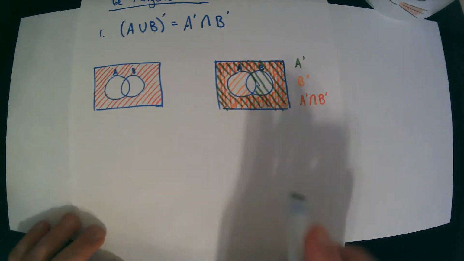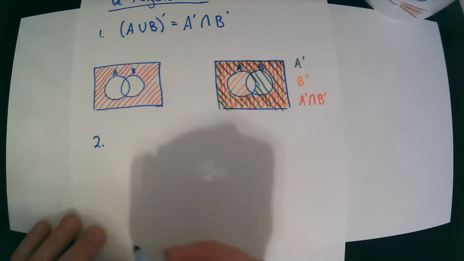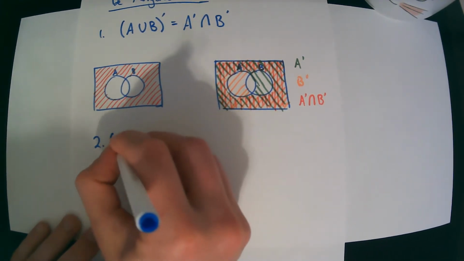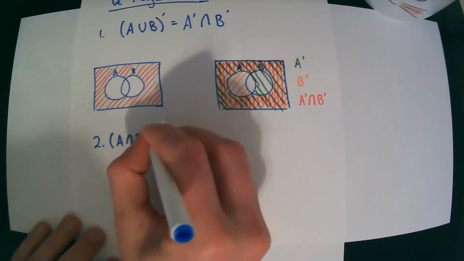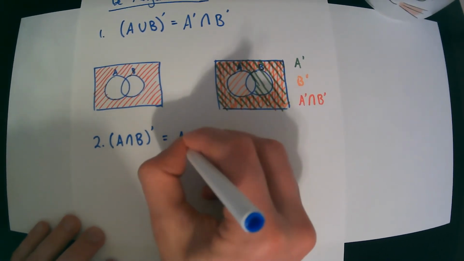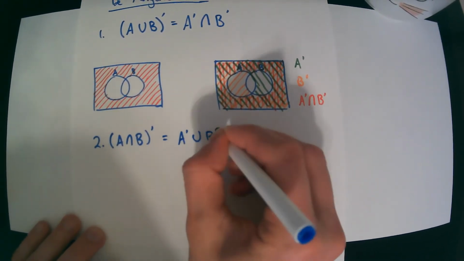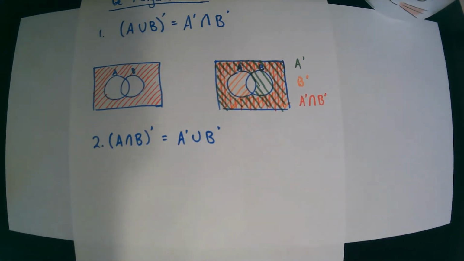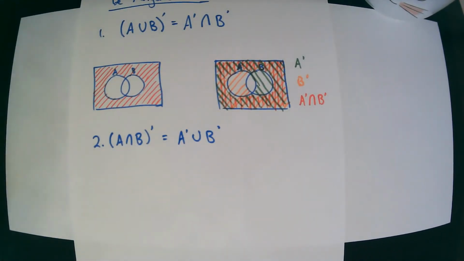De Morgan's law number 2 says kind of the opposite thing: the complement of A intersect B is equal to A complement union B complement. I think it'd be a good exercise for you on your own to try to prove these using pictures, kind of do what I did.